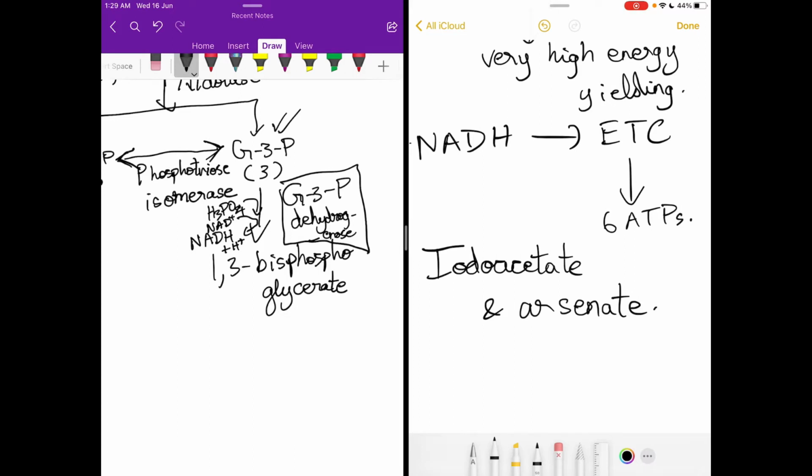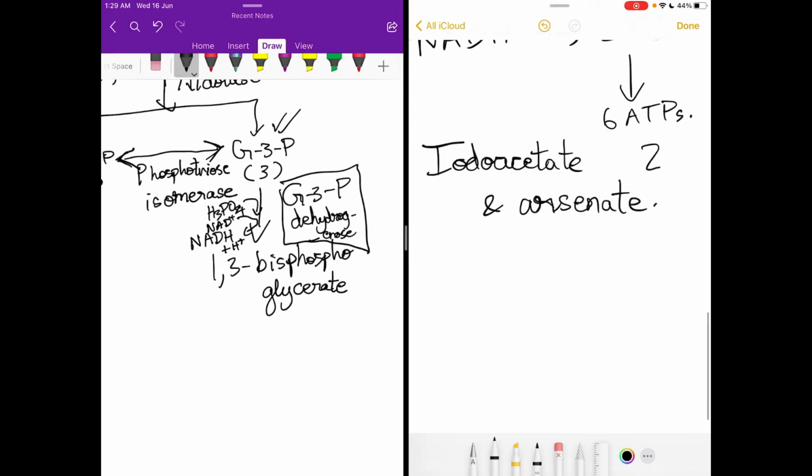And also iodoacetate is being considered as a potential chemotherapeutic agent for cancer. It is going to be used to stop glycolysis from happening in cancer cells because it's an irreversible inhibitor of this G3P dehydrogenase. Okay, so these two are inhibitors of this 6th step.